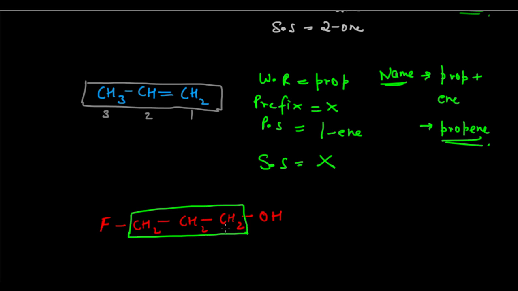Now how do we number the parent chain? Because there are two kinds of functional groups. Now understand there is a particular hierarchy we follow, a hierarchy of priority of functional groups, in which the halo group occupies a much lower position compared to the hydroxyl group.